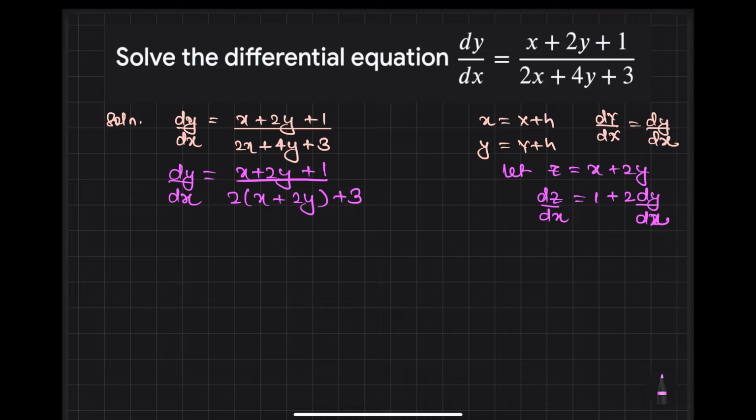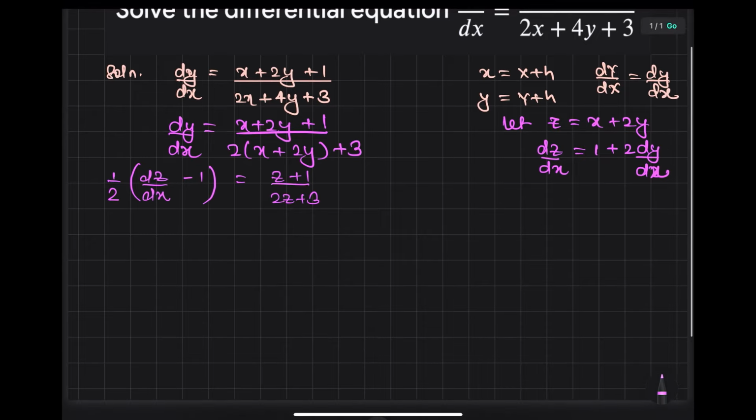So we are having 1 by 2 (dz by dx minus 1) is equal to (z plus 1) over (2z plus 3). I hope till this part you guys are okay. Now look at how I will manipulate things. We write dz by dx minus 1 is equal to (2z plus 2) upon (2z plus 3).